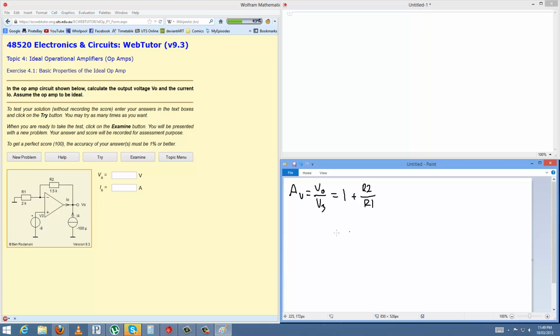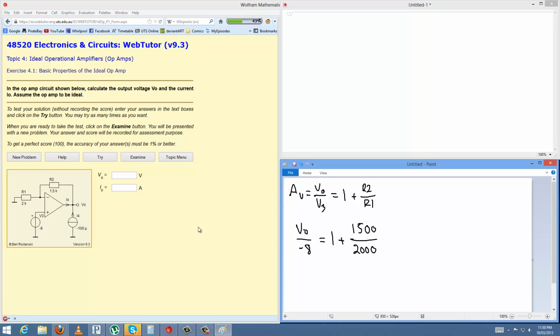Now if we were to just chuck those values in, we have VO on -8, because it's going into VO and it's got a value of -8, nice and easy. 1 plus 1500 on 2000.